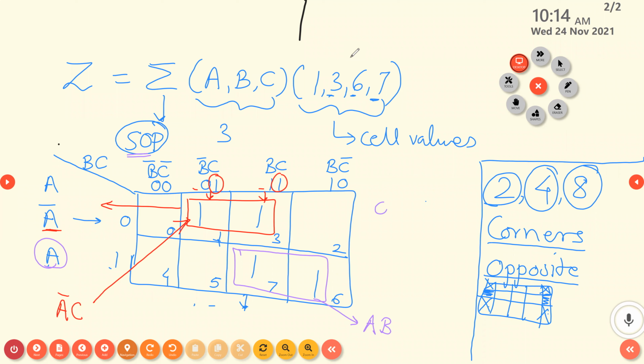Output expression equals sum of products. I have products, and I have to take their sum. So the first pair is A bar C plus the second is AB. This is our output. Got it? Any doubt? Note down properly. Yes, online student, any doubt?